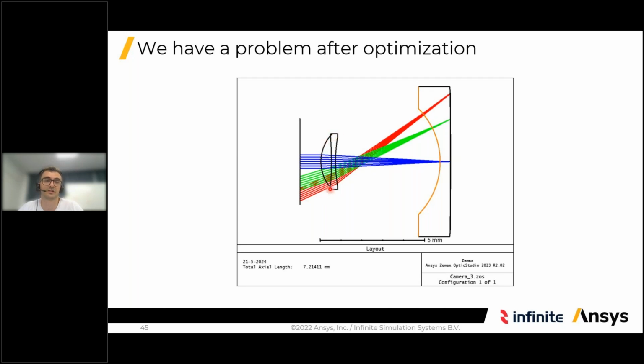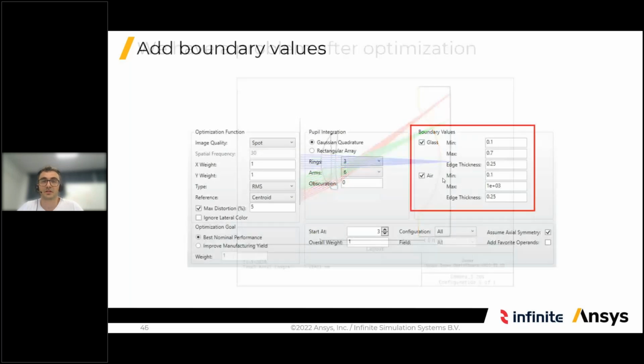This is not realistic. This cannot happen. So we need to go back to our optimizer. And also another problem is that the field glass is touching the sensor, which is actually not good because it can damage the sensor. So we go back to our optimizer and define some constraints to the sizes of our lenses and also to the edges of the lenses.